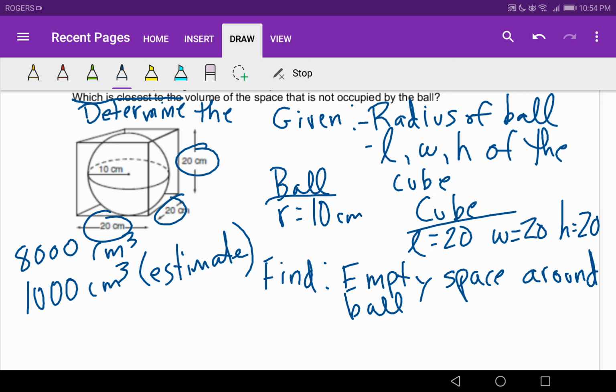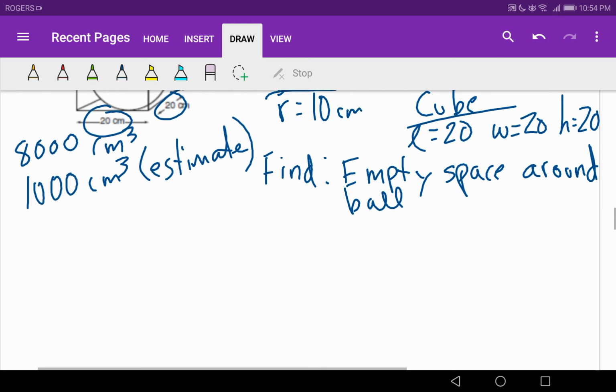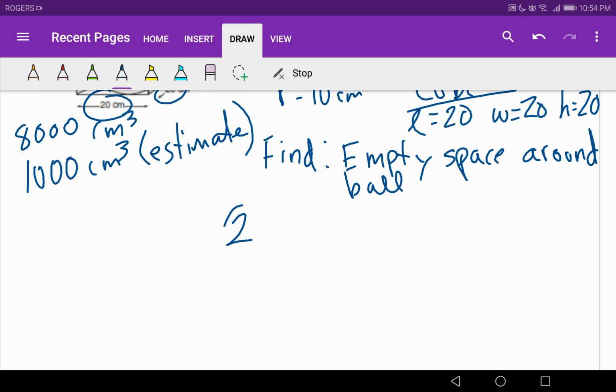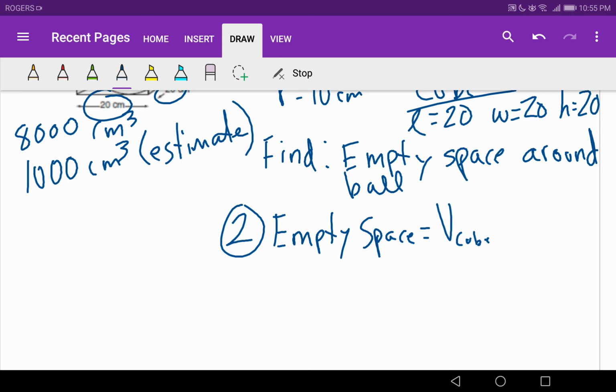All right. Now, step two is to develop the plan. So here was step one. Step two, so develop the plan. Well, I know that to find the empty space, this is where you need to work backwards. To find the empty space, I have to take the volume of the cube and subtract the volume of the ball.